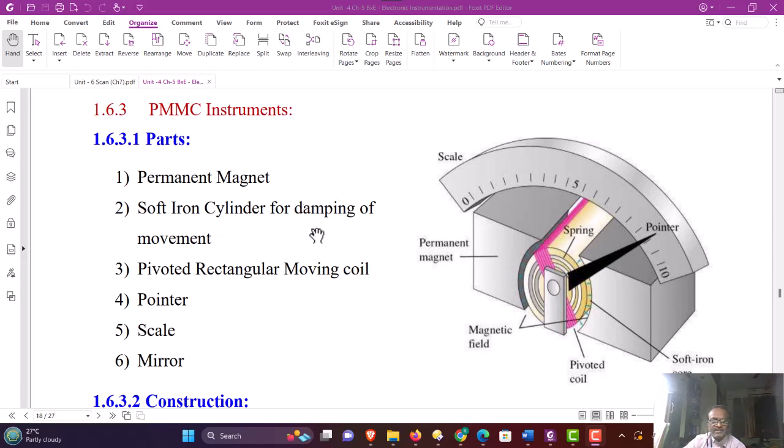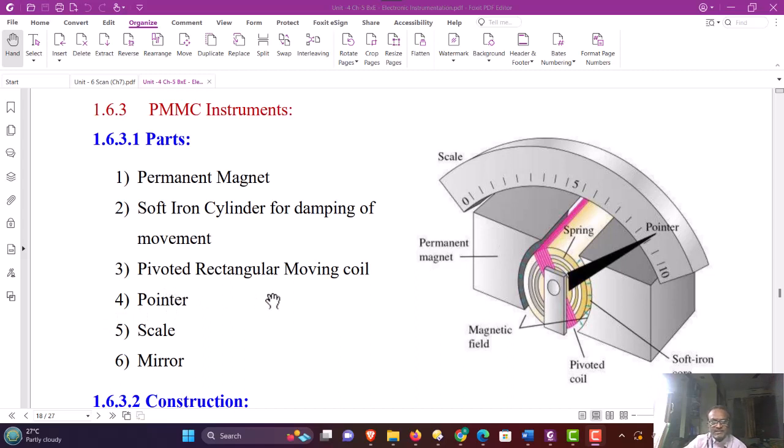the soft iron cylinder for damping the movement. You will see here the coil is moving around a soft iron cylinder. This soft iron cylinder provides an easy path for magnetic flux and also provides the support for the moving coil. It also helps in damping the rapid variations in the current flowing through the coil.